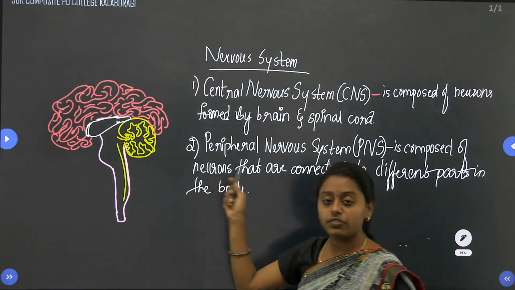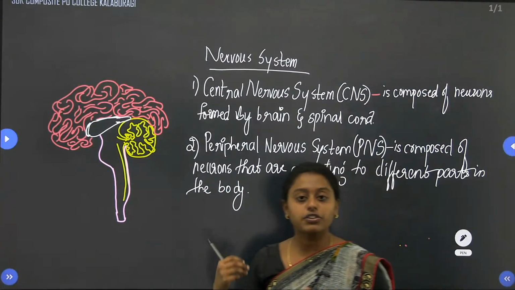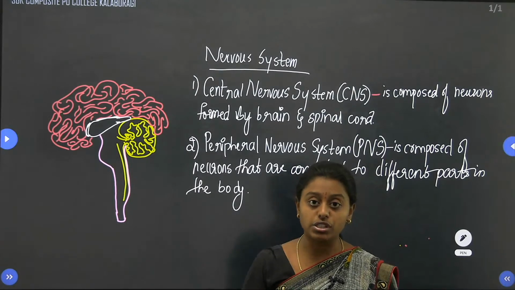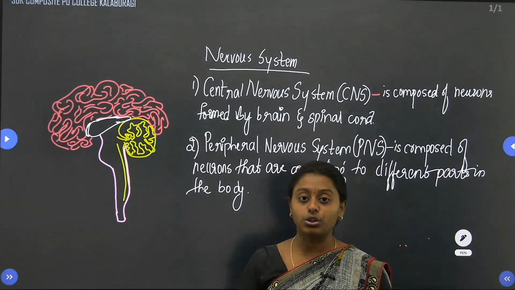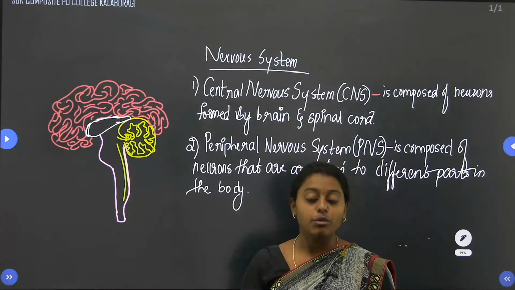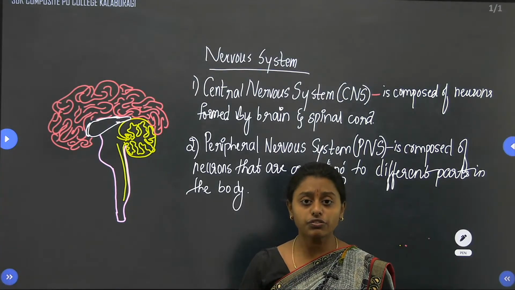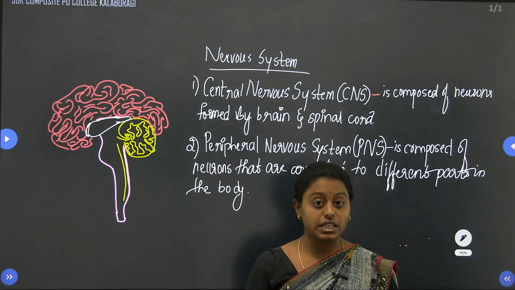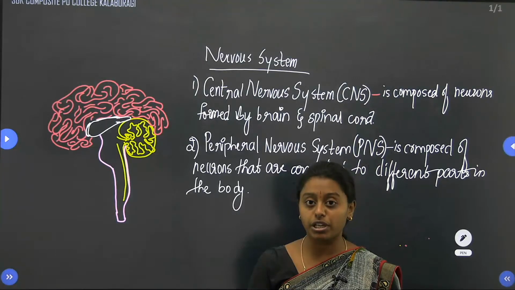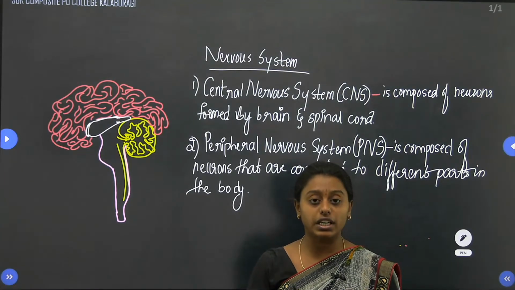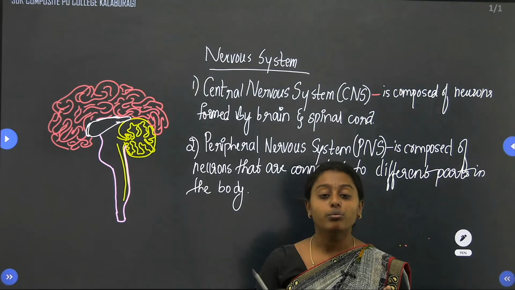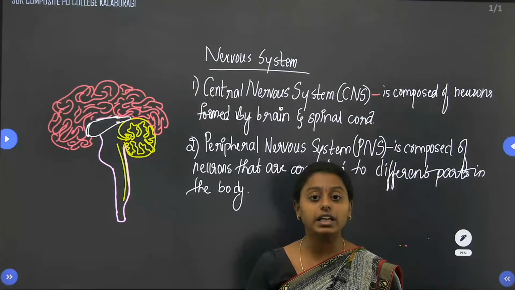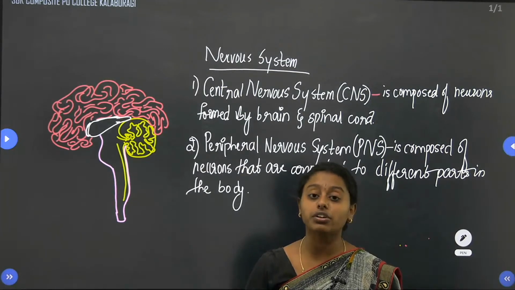Whereas coming to the peripheral nervous system, it can be connected either to the skeletal muscles or to the smooth muscles within the body. If the peripheral nervous system is connected to the skeletal muscles and helps in contraction of the skeletal muscles, resulting in movement of any part of the body, then we call it voluntary action, that is based on our will.